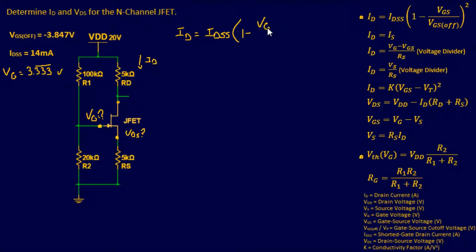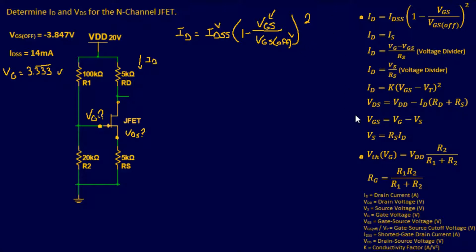Now you have right here your gate source voltage over your cutoff voltage, and of course squared. The good news is we have this one right here, we have this one right here, but we don't have this one or this one. We have two unknowns: your drain current and your gate source voltage. Well, there's a way to manipulate this. You can actually substitute this guy out with something else.